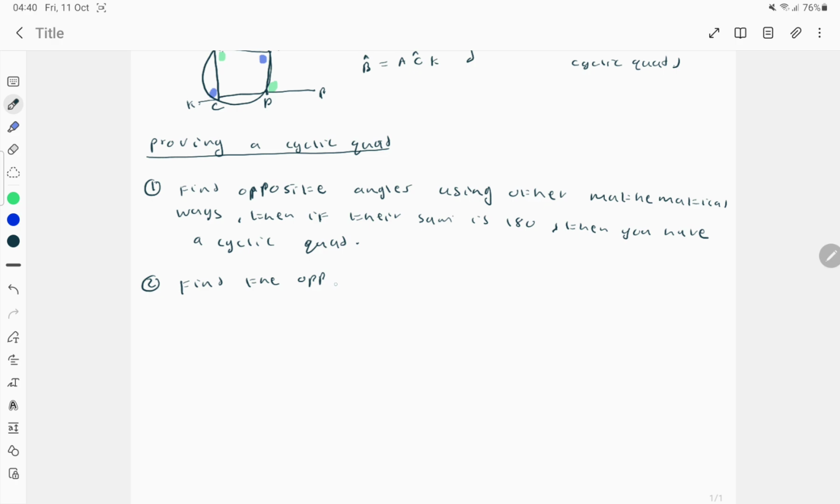So you find the opposite angle inside your shape, then find also your exterior angle. And if they are equal, then we have a cyclic quad.